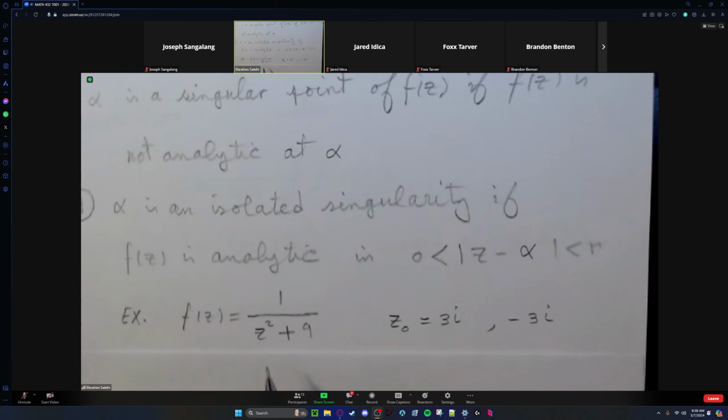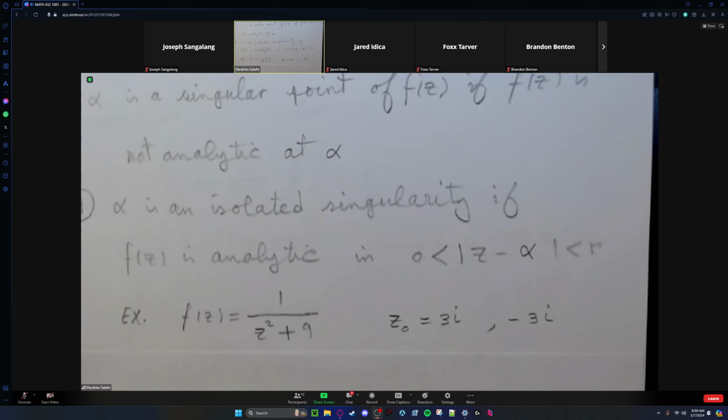See, the two bad points are 3i, negative 3i. These are isolated singularities, okay? I mean, if you exclude these 2 points, then the function is a beautiful function. So these type of points we call isolated singularities.